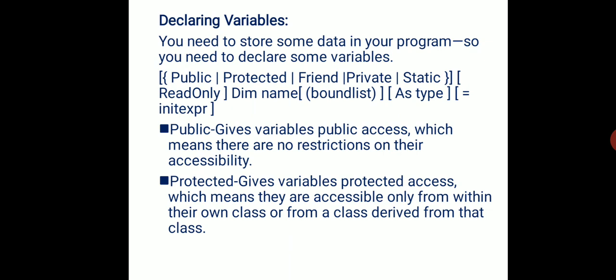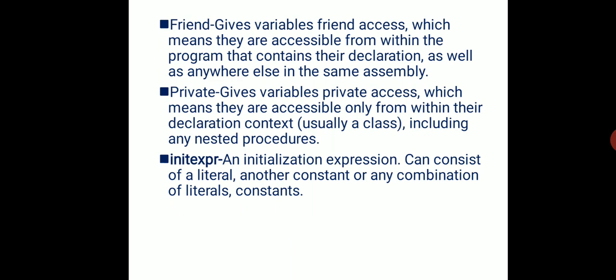It gives variables public access, which means there are no restrictions on their accessibility. Protected gives variables protected access, which means they are accessible only from within their own class or from a class derived from that class. Friend gives variables friend access, which means they are accessible from within the program that contains their declaration, as well as anywhere else in the same assembly. And private gives variables private access.